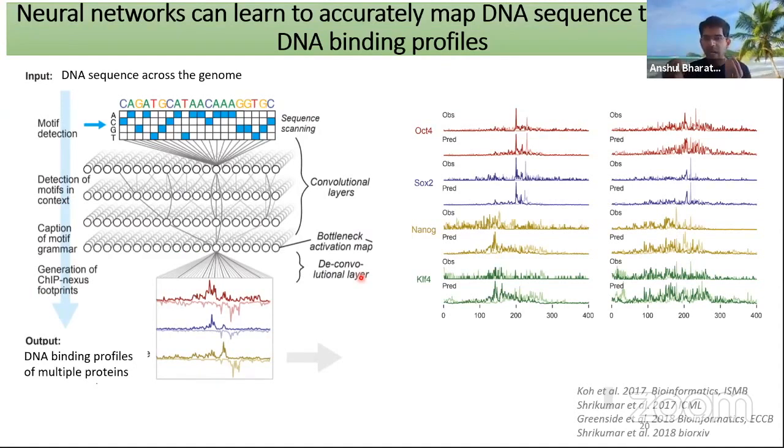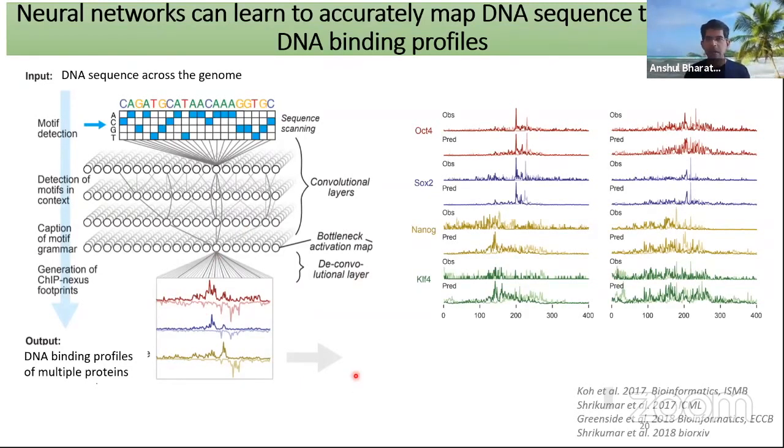The neurons that are closest to the sequence learn very simple sequence patterns. And the neurons in the next layers take the patterns from the previous layers and learn more and more complex patterns. Okay. And the last layer of the neural network tries to predict these profiles from the experiments.